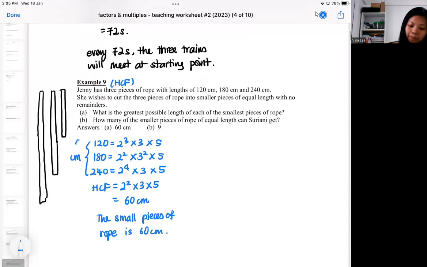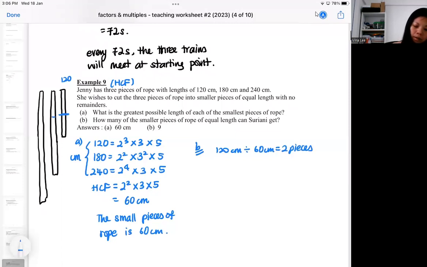So that is for part A. So eventually after cutting, how many small pieces of 60 will she be getting? So if this is 120, she will get 2 pieces from the shortest piece. 2 pieces of 60.